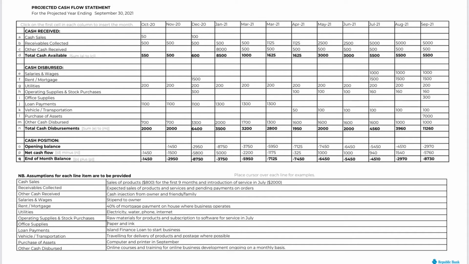You also don't have to worry about doing much calculation, because the template comes with built-in formulas, so that once you put in the amounts under the different sections, it's going to auto calculate your net profit or loss after you are finished inputting all your figures, so you don't need to worry about that.